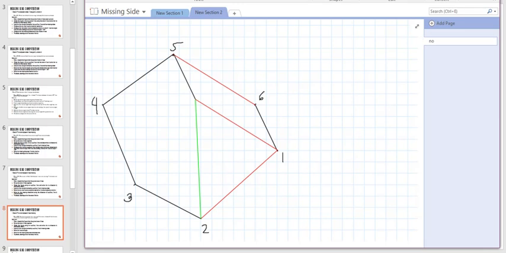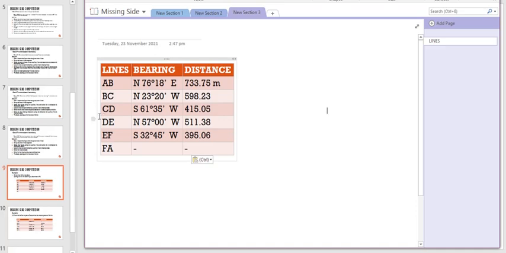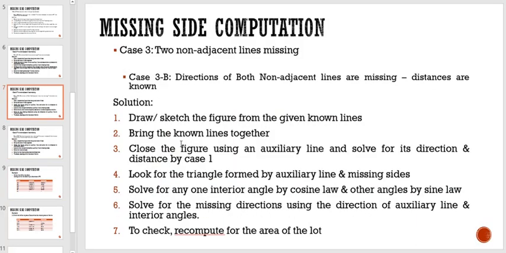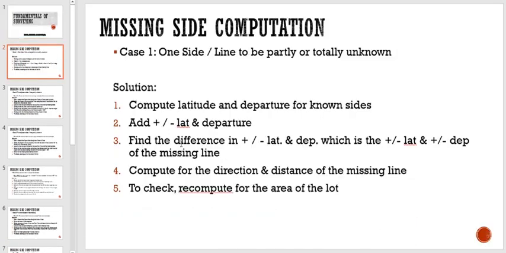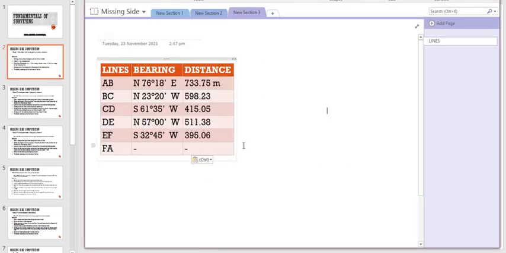Okay, so let's have some example. So for this example, the case is case 1. One side or line to be partly or totally unknown. So this is the one side.